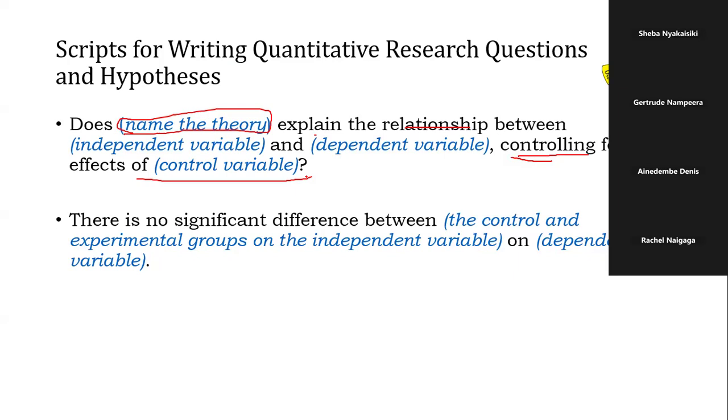So take an example. If I was researching online learning for university students and lecturers, I may want to pick a homogeneous population.